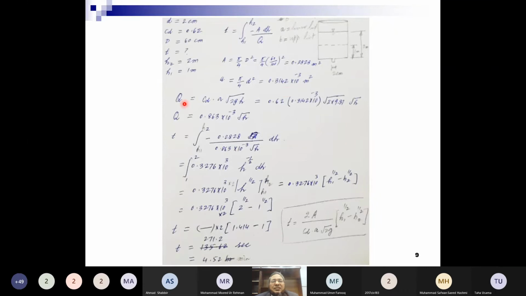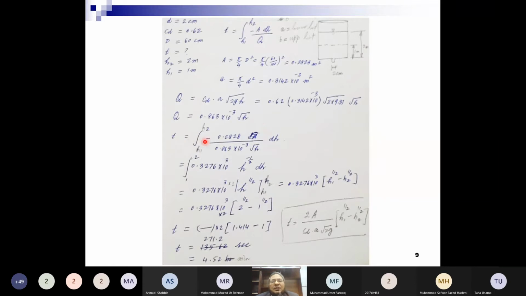Now we have to compute the discharge through this orifice in terms of h, that is Cd into A into root of 2gh. If we put these values, in terms of h we will get the value of Q like this: 0.863 into 10 raised to power minus 3 root of h.